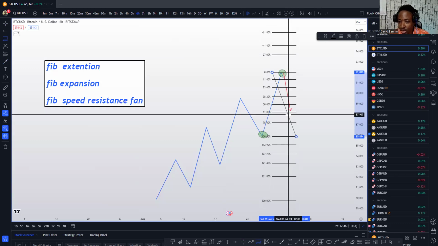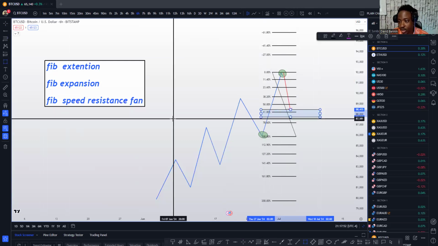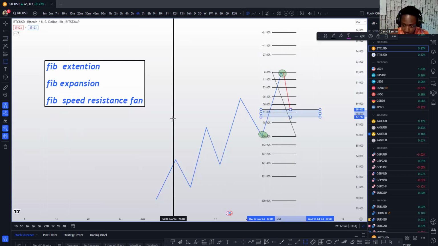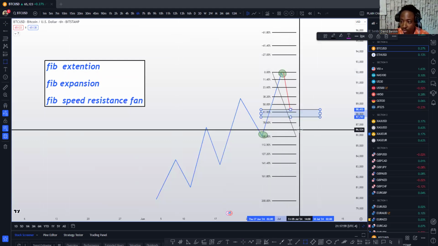So here they will say this is about 61.8% retracement. This is how most people use it, but I don't use it like this, because in this case your 0 is facing down, but the trend is up. So if I want to know where my next projected move is going to be, I need to use another Fib, which I don't do.